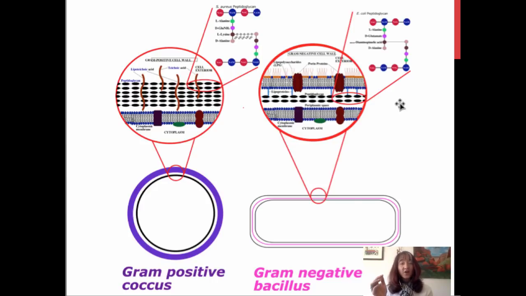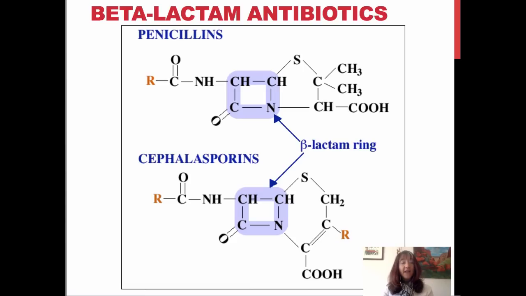Let's take a minute to look at the most common group of antibiotics that target peptidoglycan and think a little bit about how they work and therefore what kinds of organisms they target. The beta-lactam antibiotics include the penicillins and the cephalosporins. Now, the original penicillins are natural.